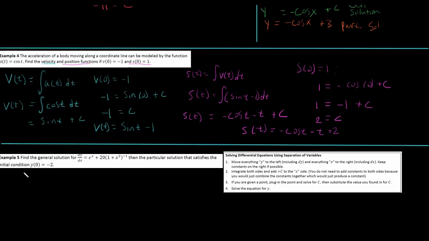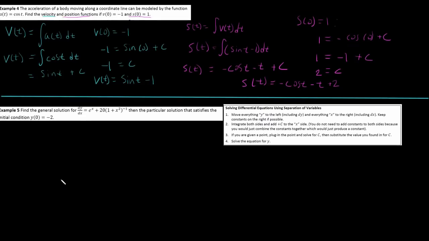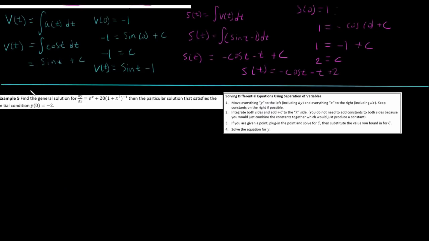So we have dy/dx is equal to e to the x, and this is going to look kind of gross, but when we do it, it's not that bad. Plus 20 times 1 plus x squared all raised to the negative 1.